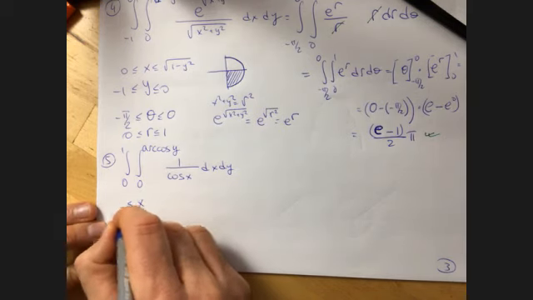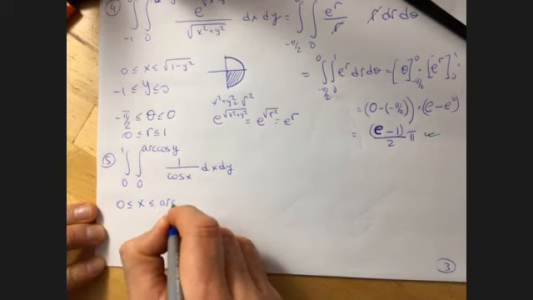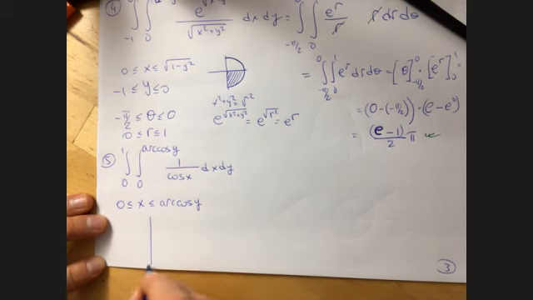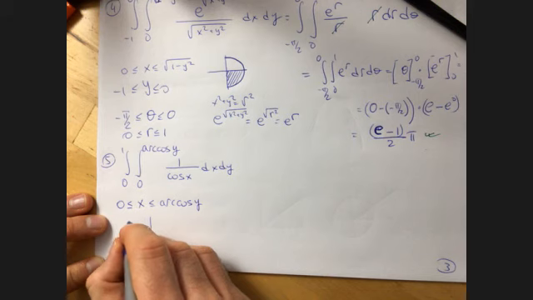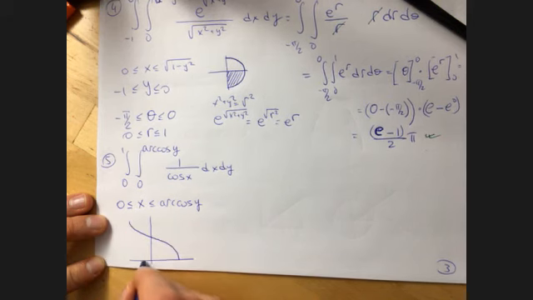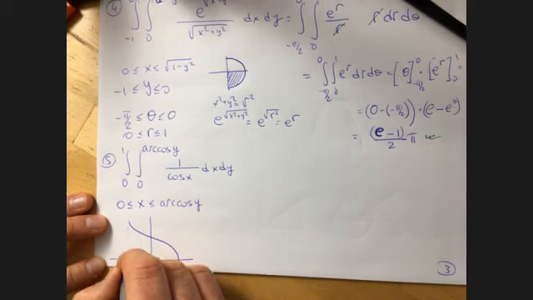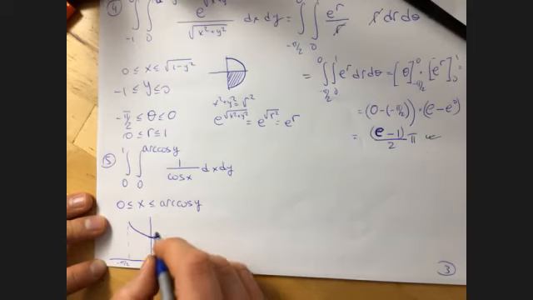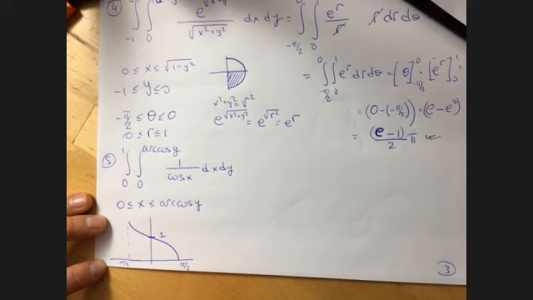So x is between 0 and arc cosine of y, and then arc cosine of y looks like this, and this is from -π/2 to π/2 at 0. Arc cosine of 0 is 1.